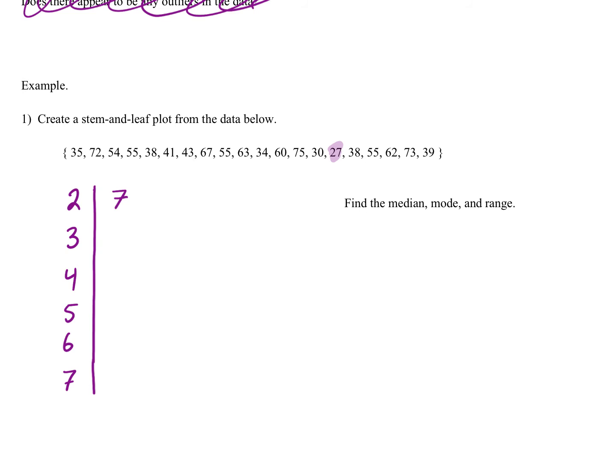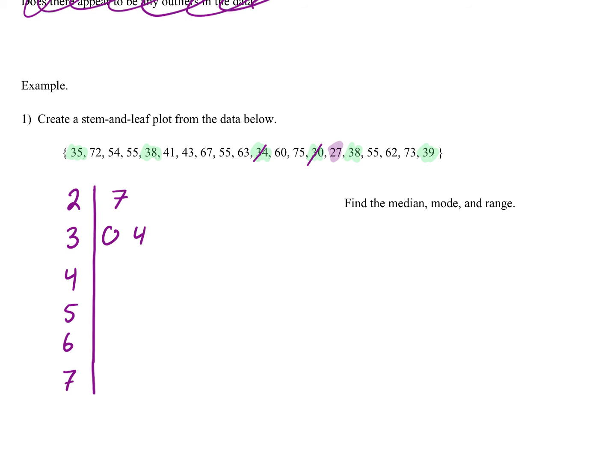And then we want to go through and find our 30s. We're going to find all the numbers that are in the 30s in our data set, and then list the leaf part of those numbers from least to greatest. My smallest 30 is an actual 30.